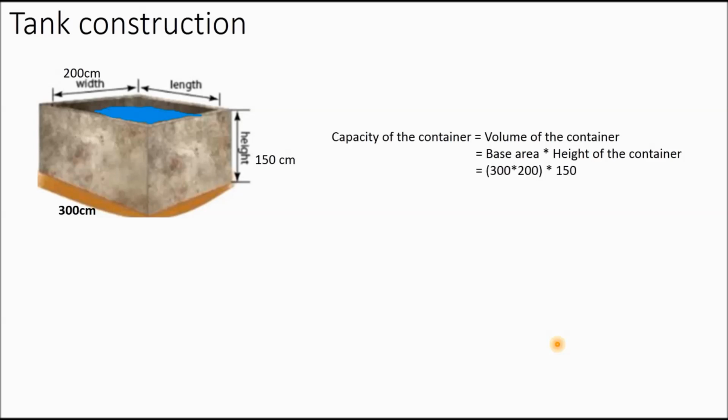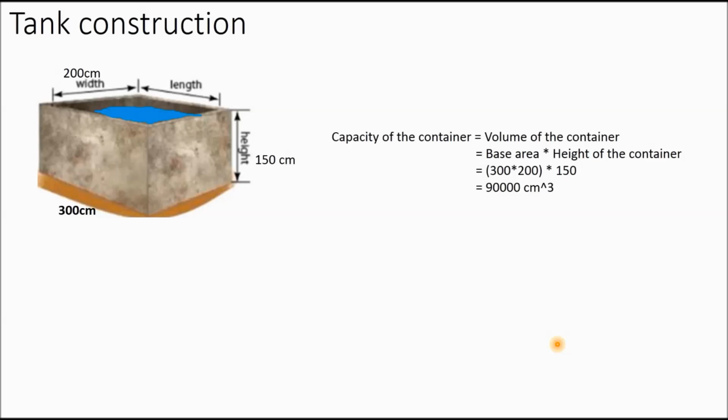Then what is the capacity of the container? If you want to calculate, just take the base area. Base area is length into width, so 300 is the length and width is 200. This is the area and height is 150 centimeter. So the total is 9,000 centimeter cube, what I constructed as a tank.